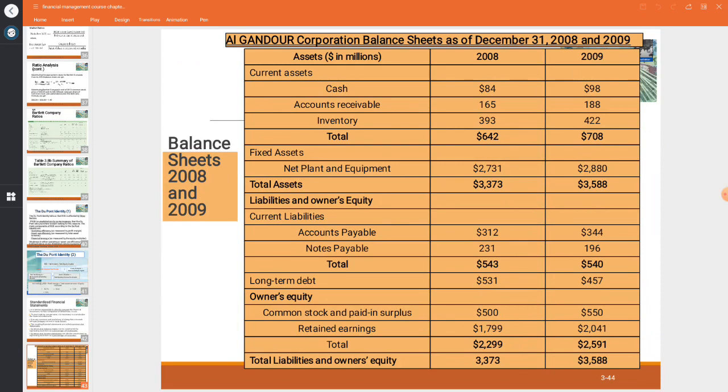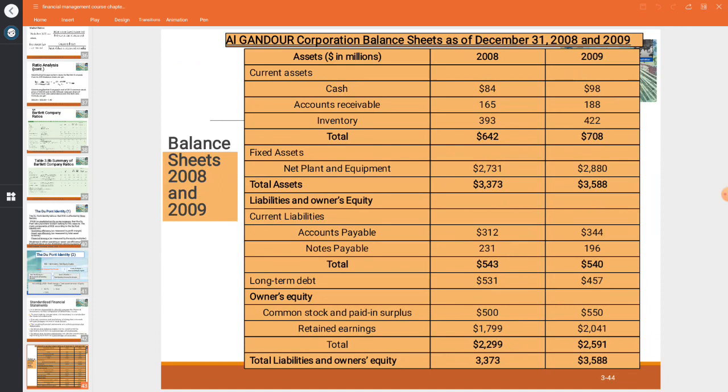As you see, this is a normal case of a specific balance sheet. To convert it into a common size balance sheet, we take each element in this balance sheet and divide it by total assets, expressing it as a percentage. For example, the cash is 84.